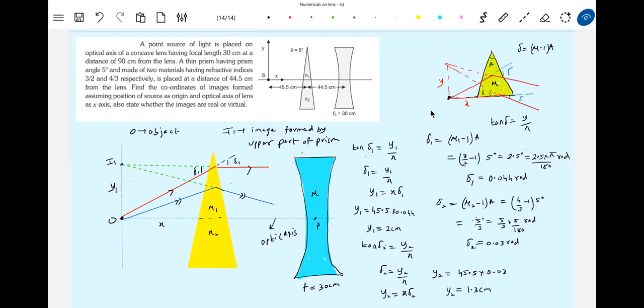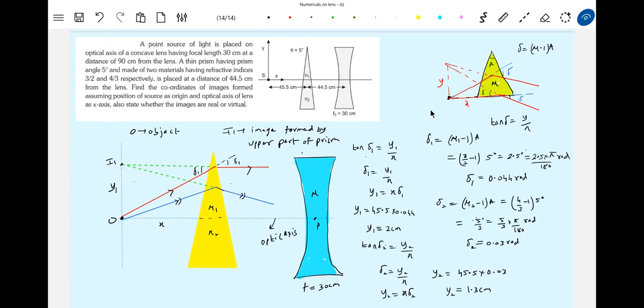Now what should we do? We should calculate; now we know I1. Sir, what about I2?